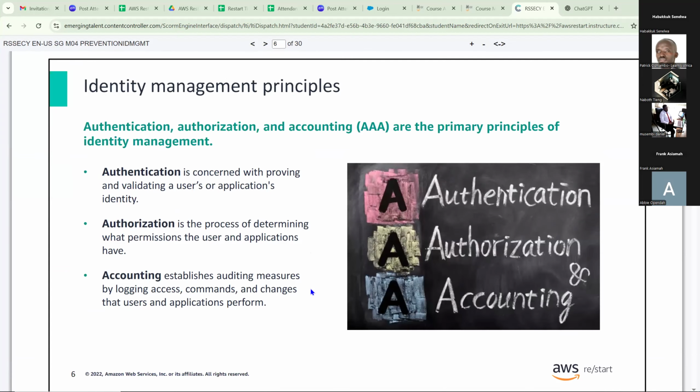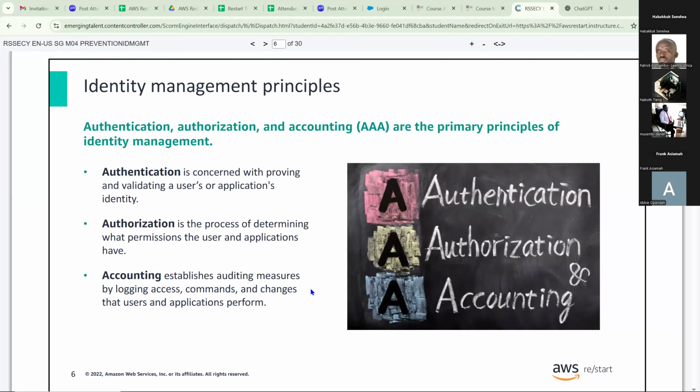Now, we have the 3 A's of identity management, and we talked about this before, but I'm just going to brush through it. Authentication, or what we call Auth-N, authorization, what we call Auth-Z, and accounting. With accounting, you can also add auditing. These are the primary principles of identity management.